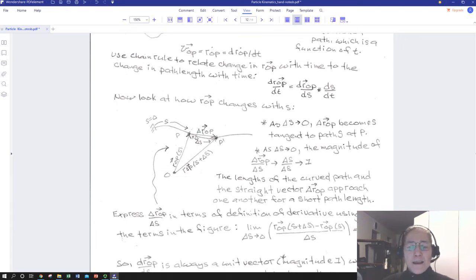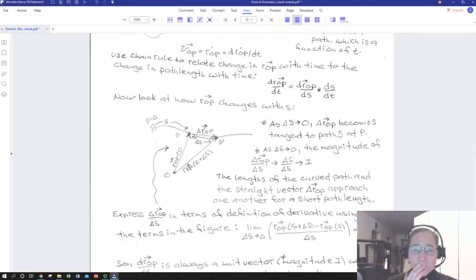So if I basically approximate my delta s with a straight line delta ROP, I can do some vector algebra and say that my ROP at s plus delta s is ROP at s plus the delta ROP, and then maybe look at manipulating terms.